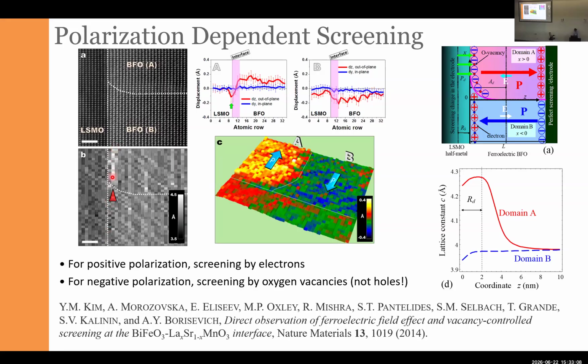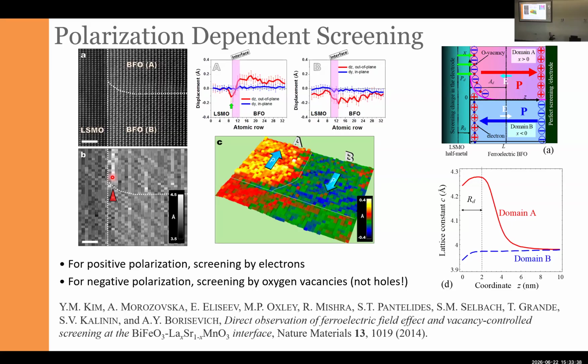But in this case, you can see that there is an expansion of the lattice parameter close to the interface, which, after you go through about a month or two of thinking, basically means that we don't have the polarization screened by holes, we have the polarization screened by oxygen vacancies. So somehow, in the switching of the polarization, we really don't want to have a hole accumulation, we want the oxygen being kicked out and compensating for the polarization charge.